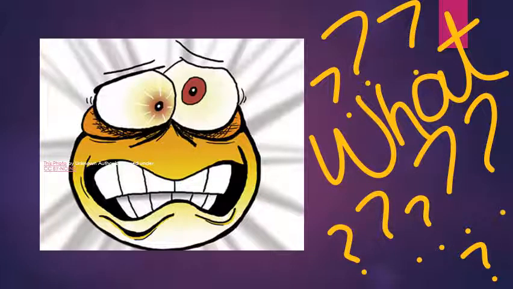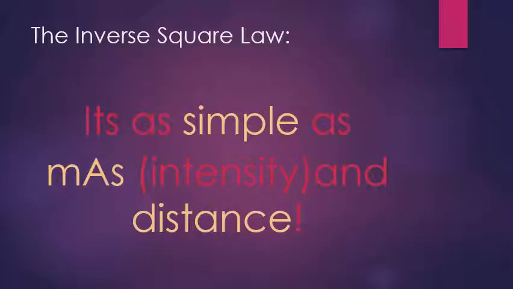What? Yeah, I know. This is so exhausting and it's a lot and there are so many numbers and symbols and what is going on? Okay, let's break it down. The inverse square law is simple. It's as simple as mAs, or milliamperes per second, and distance.